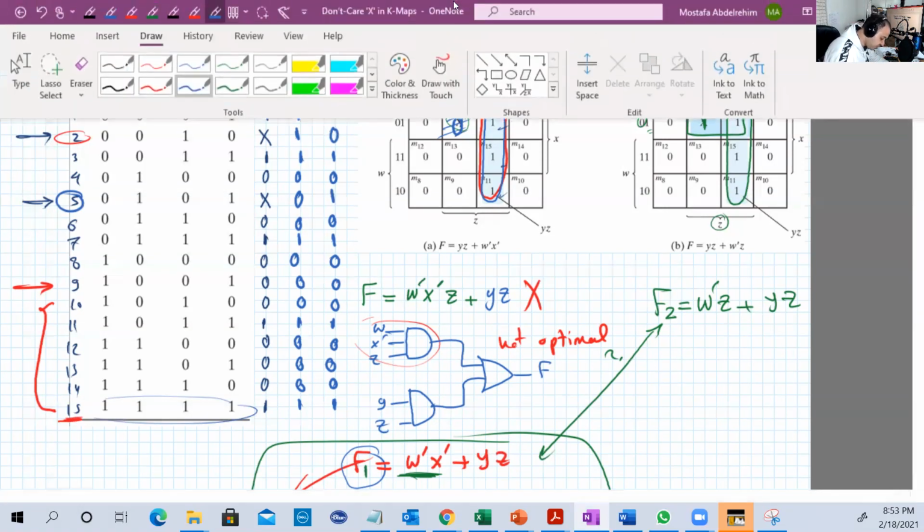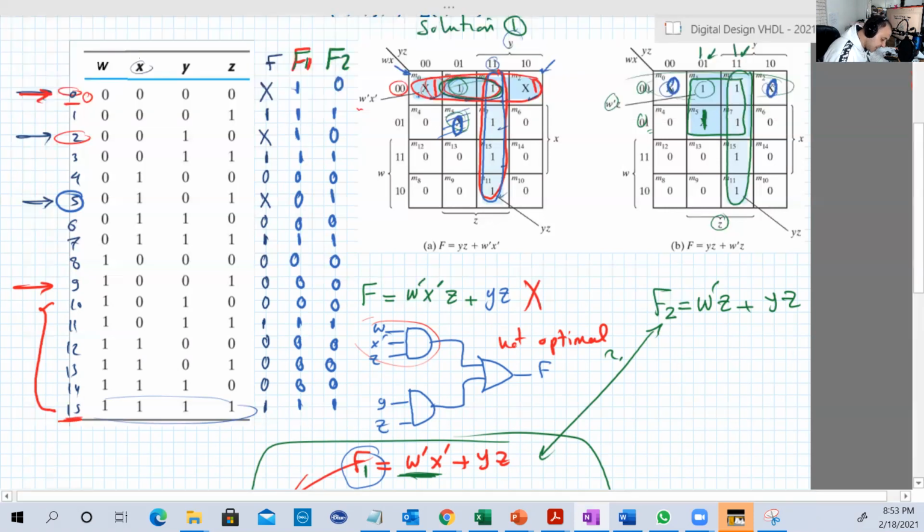So let's highlight the differences here, in black, for example. So this is the difference, first difference, second difference, third difference. All of them were in the don't cares.